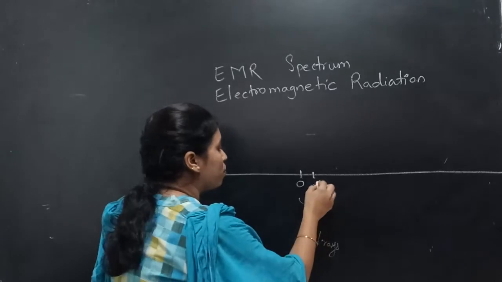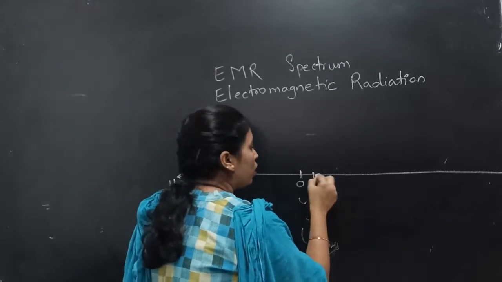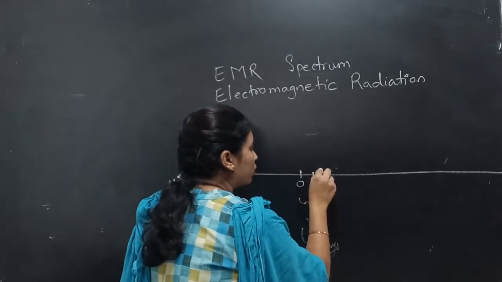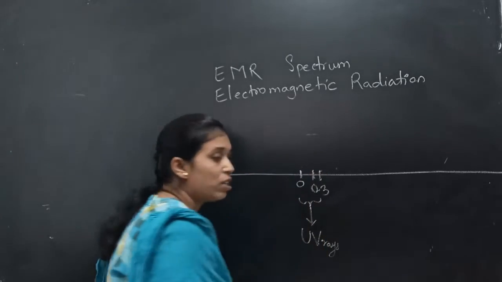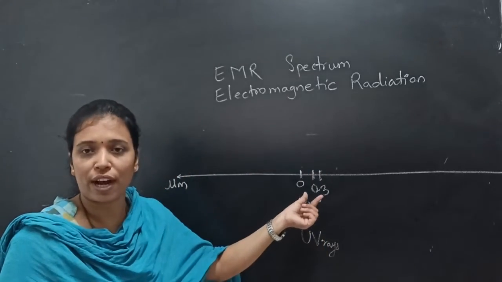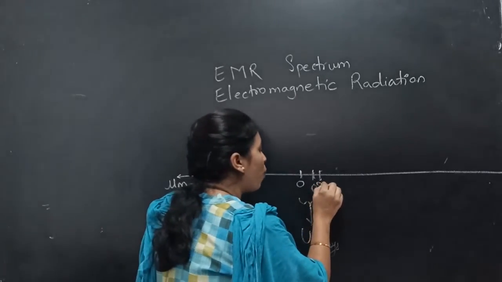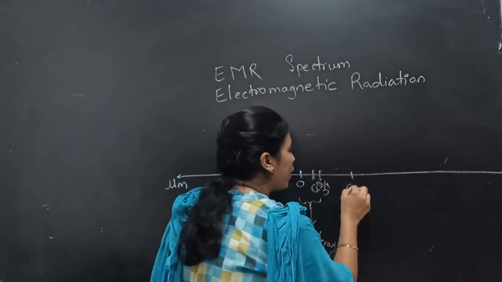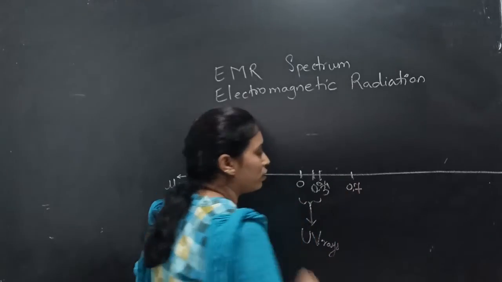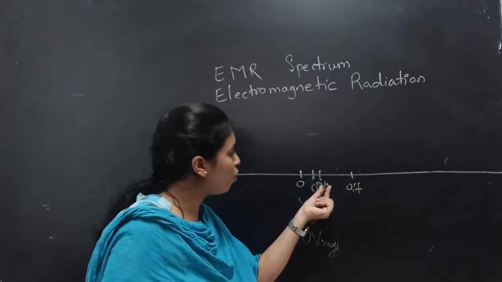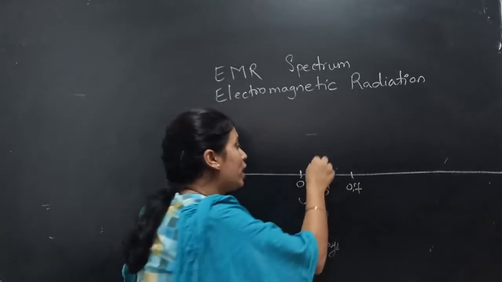After that, from 0.3 to 0.4 the radiations are absorbed. Afterwards, 0.4 to 0.7.